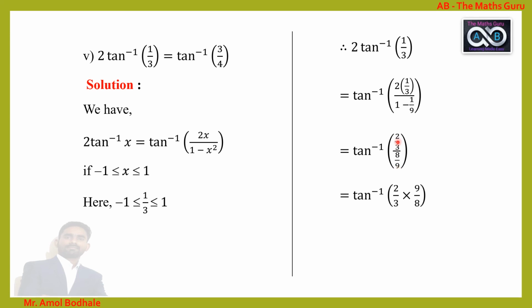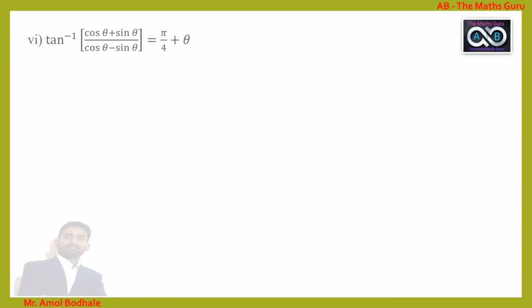So we can write this as 2 by 3, division replaced by multiplication, we take the reciprocal, that is 9 by 8. So 3 ones are 3, 3 threes are 9, 2 ones are 2, 2 fours are 8. So we will get tan inverse of 3 by 4, which is the required RHS.